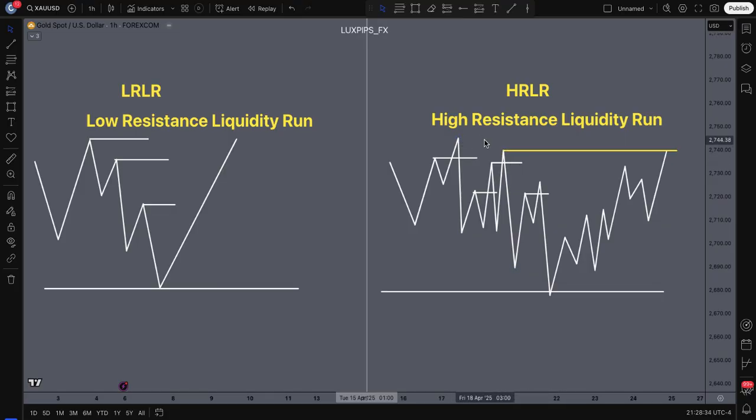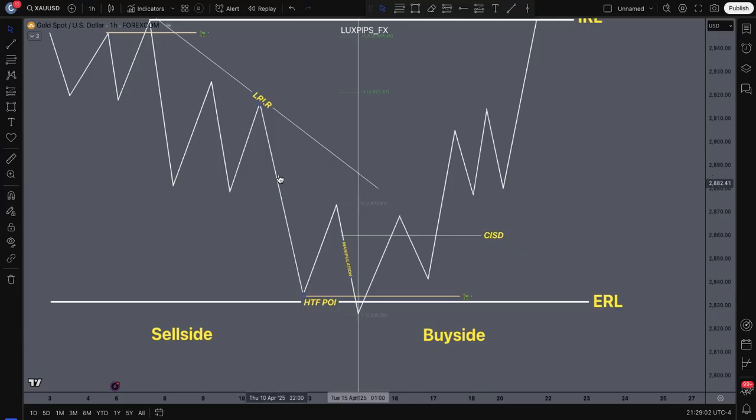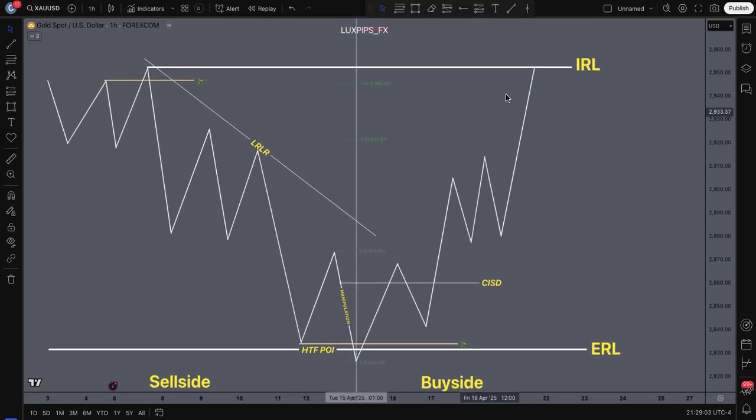It's going to take longer to get there, and it might not even get there at all. That's the thing. If all this liquidity is being taken from the highs, it might want to just keep doing that, keep going down. But if the liquidity is still there, you can target the high. Take it. Just like in this, the high is taken.